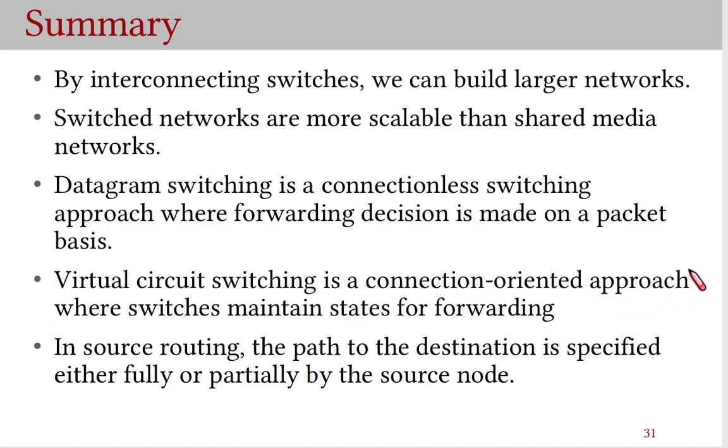And what we mean by establishing connection is that while establishing connection, switches would make an entry in their virtual circuit table. That means they maintain state for forwarding. And lastly, in the case of source routing, we saw that the path to destination is specified, either fully, as we saw in an example, or it's possible to do it only partially. And this specification of the route is done by the source node.